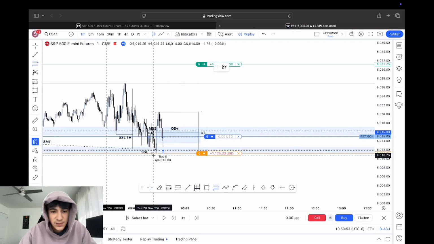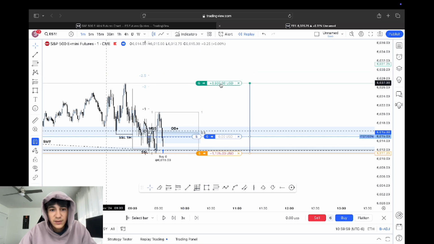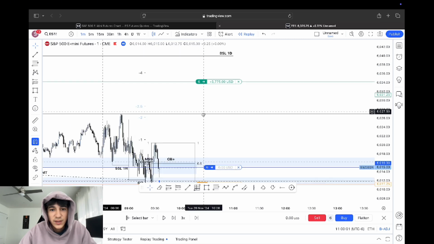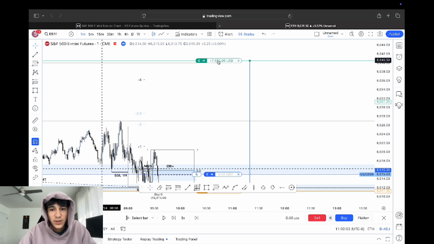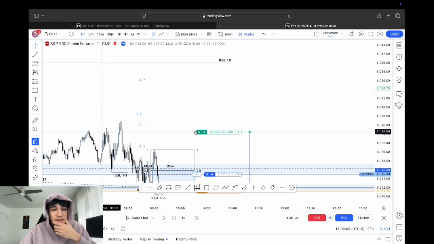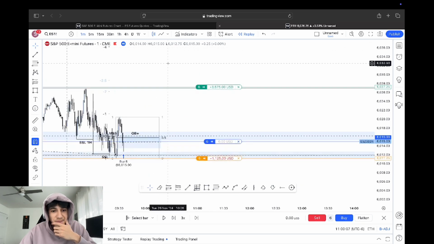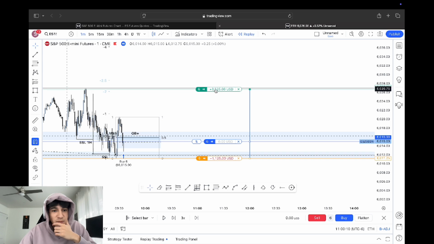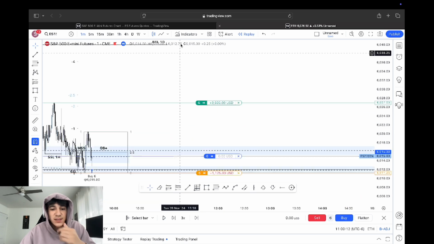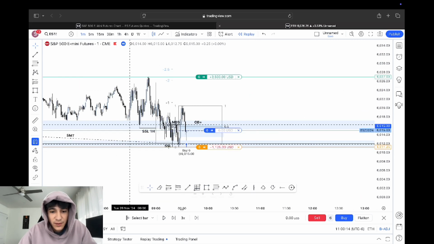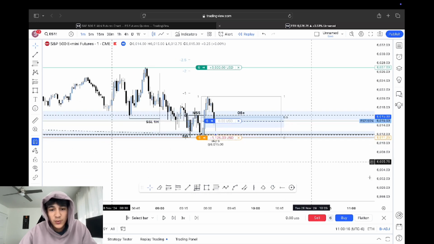We map out standard deviation too. I had this TP here, and then I also had this one up here, like the daily. But I'll just keep this here because I don't end up getting that. But we go here, boom.